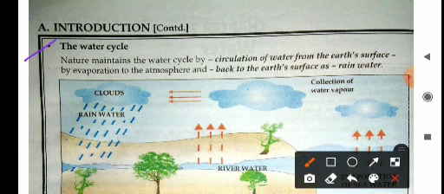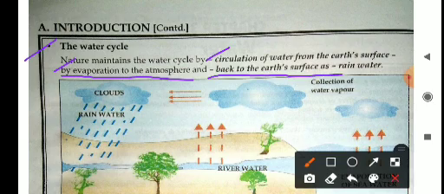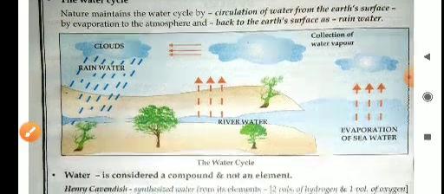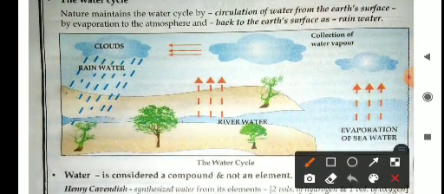Now, the water cycle. What is the water cycle? Nature maintains the water cycle by the circulation of water from the earth's surface, evaporating to the atmosphere and back to the earth's surface in the form of rainwater. You can see the diagram here showing the process of the water cycle.